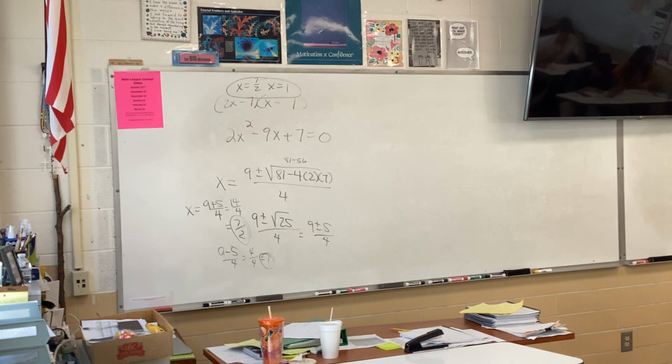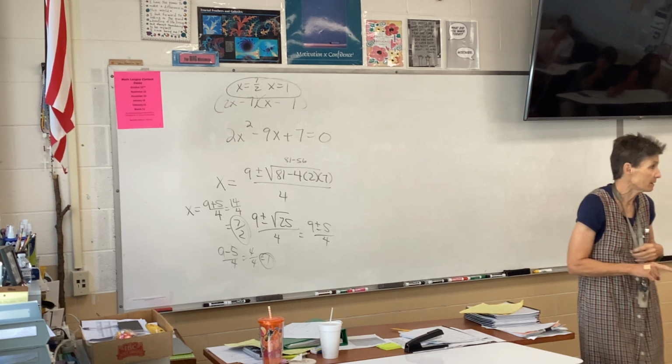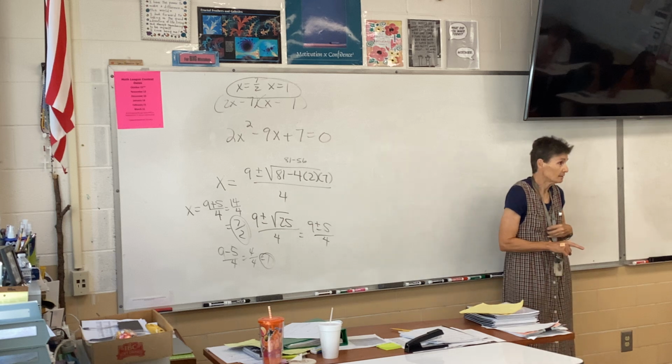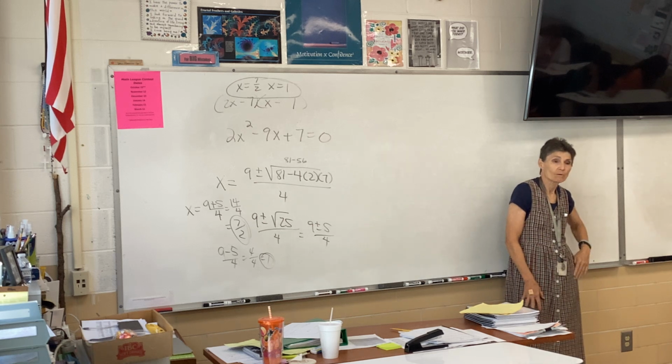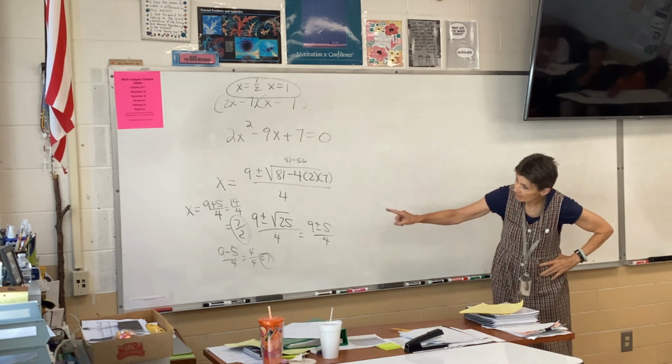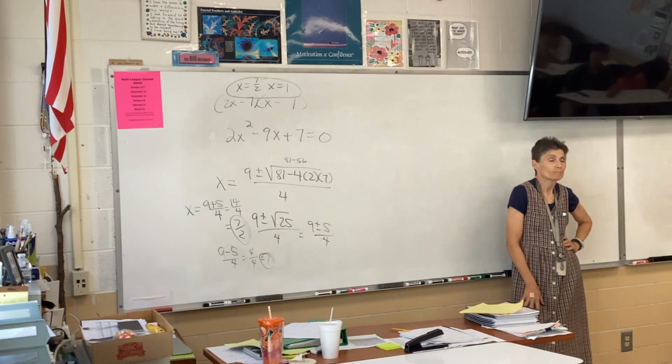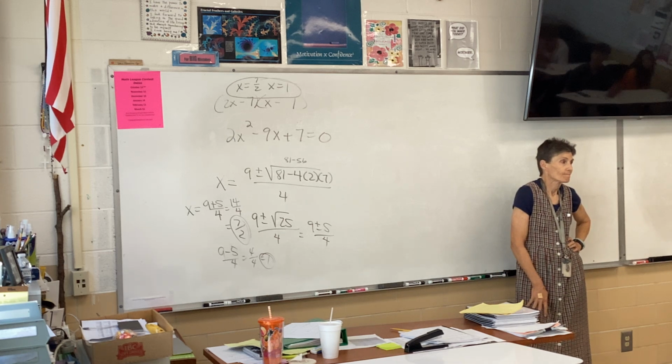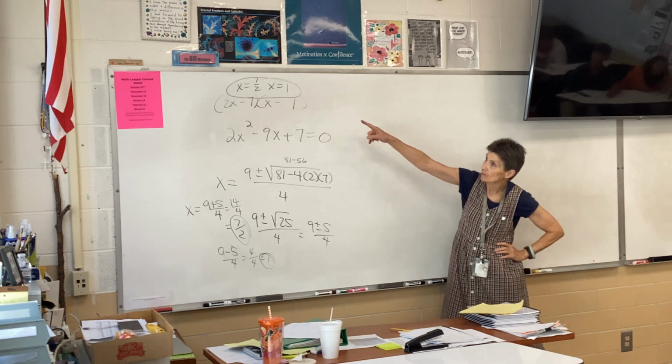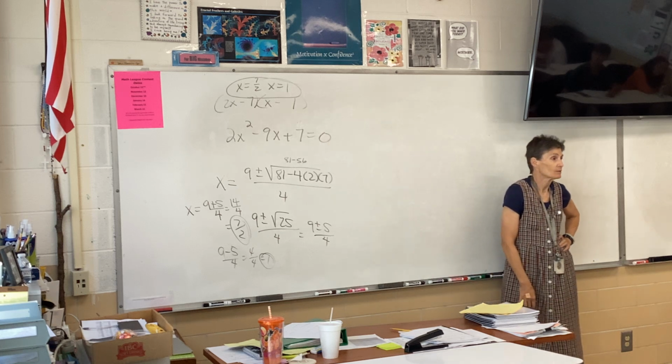The answer is always going to be the same, no matter how you do it. So you have to find a way that you like. You need to get good at it, and then you need to solve that way. So I got 7 halves and 1. I factored also.